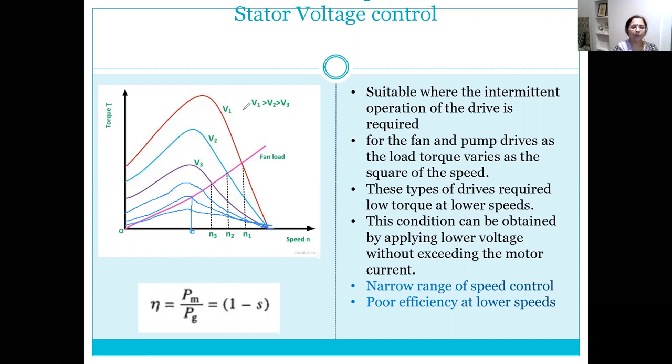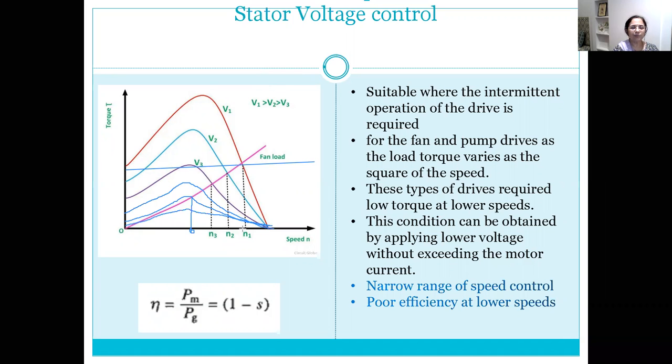Imagine if this would have been a constant torque requirement, and we have some load which is, suppose, remaining constant like this. Suppose this would be the load characteristic.